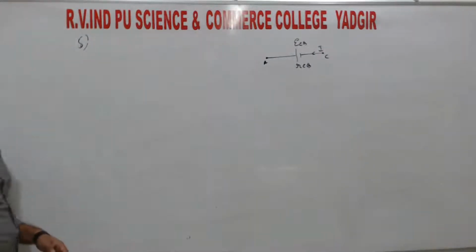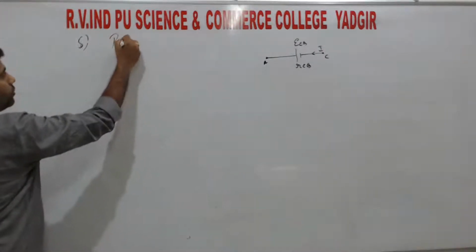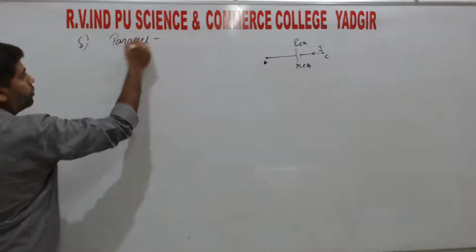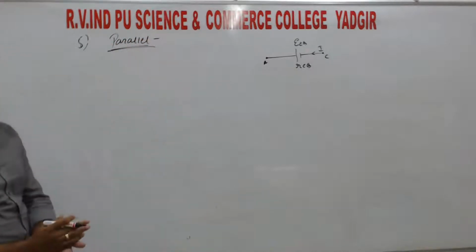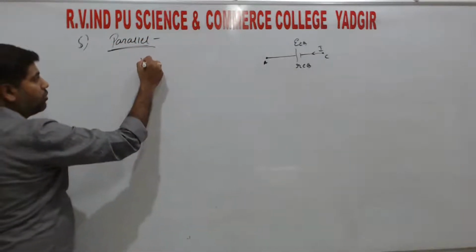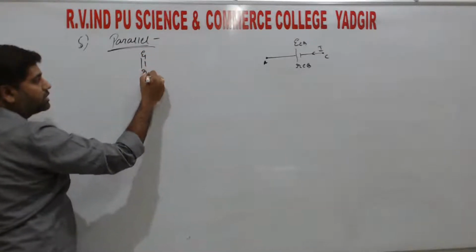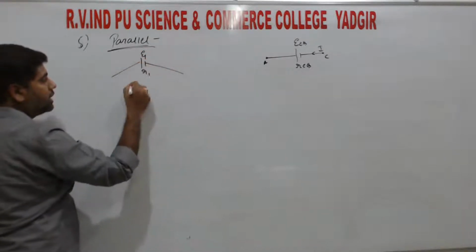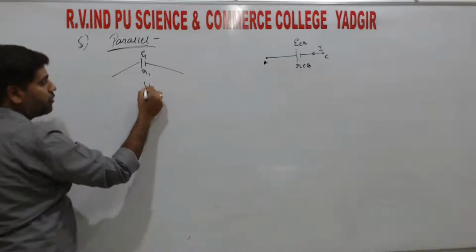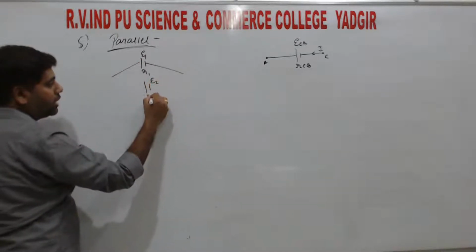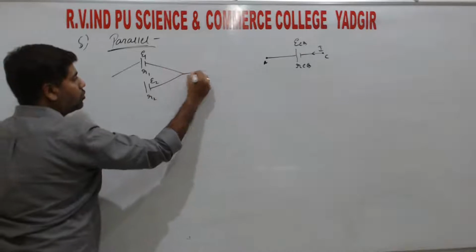So next, two cells in parallel. Again considering two cells, one having EMF E1 and internal resistance R1, connected to another cell of EMF E2 and internal resistance R2.